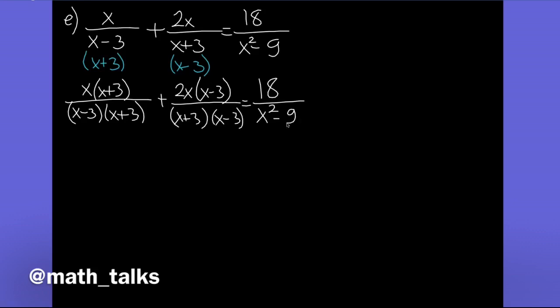Now the first numerator will be x squared plus 3x because denominators are the same. I will just write the numerators all together.